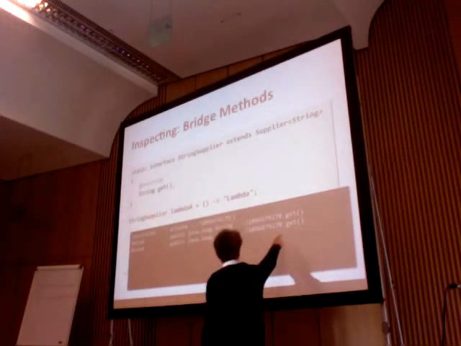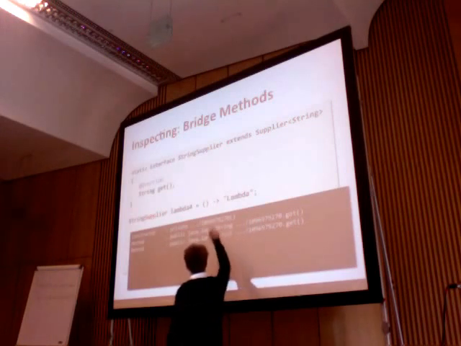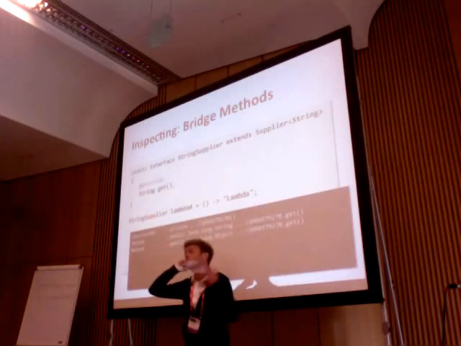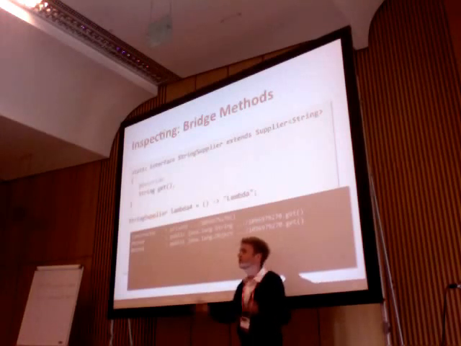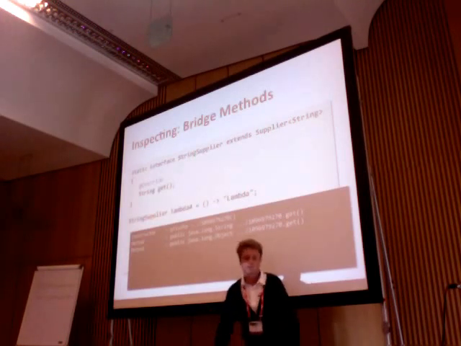We get actually two get methods. One get method is for the string, which is this implementation, and the other is object, which is from the superclass from the supplier. This is also something they had to consider when creating lambdas, because functional interfaces might look like SAM, like single abstract method, but due to the bridge method issue, you actually could get multiple method implementations with different return types.